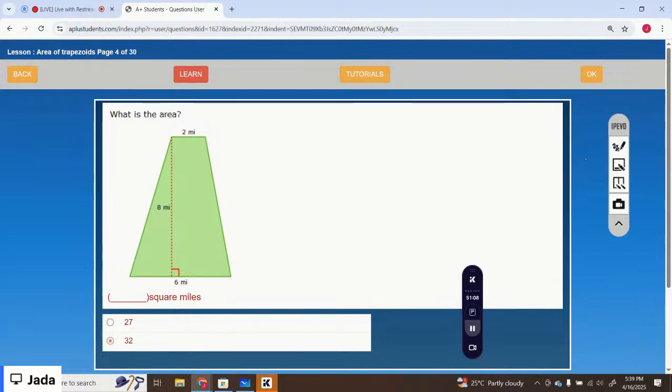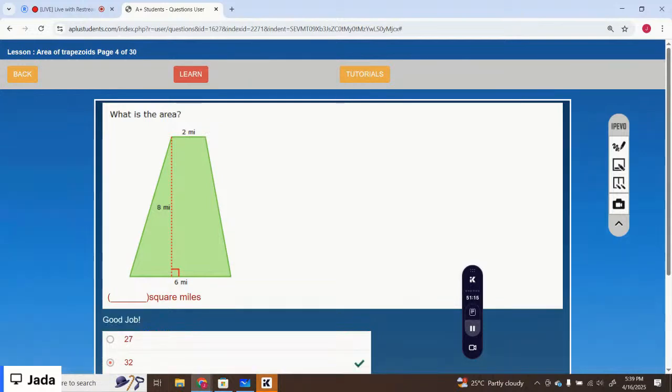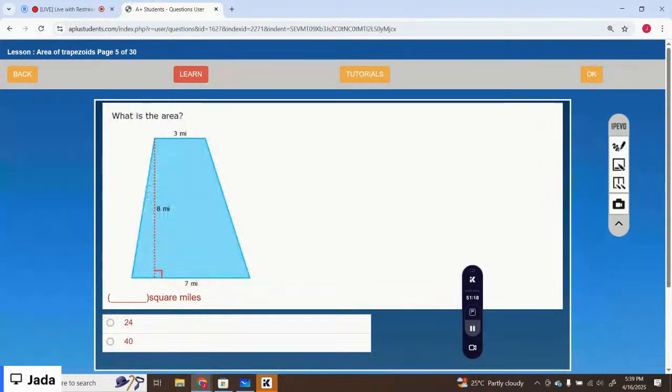Option number 2 is the correct option. What is the area? Option number 2 is the correct option. 48 it is. So you can complete the lesson by yourself today.